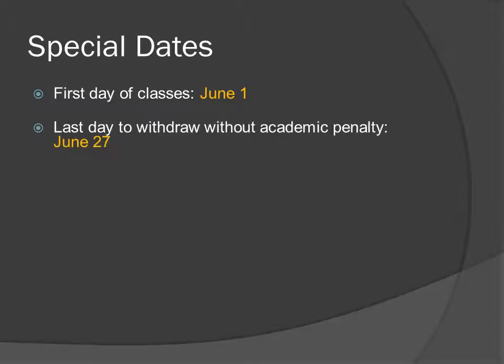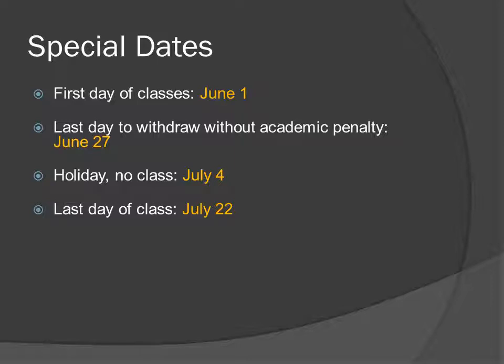Special dates. The first day of classes is June 1st. The last day to withdraw without academic penalty is June 27th. There will be no assignments due on July 4th, which is a holiday.